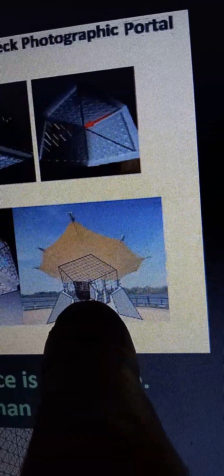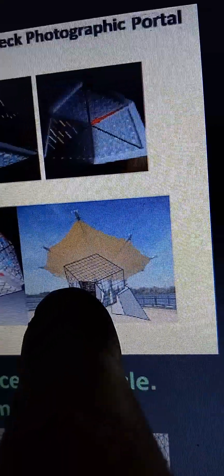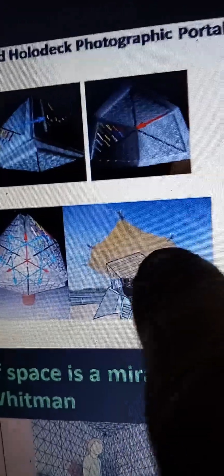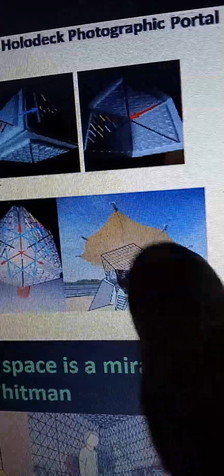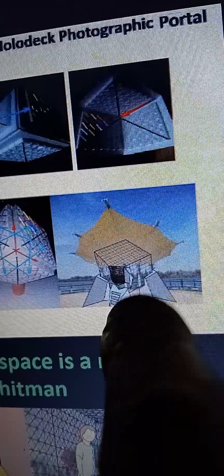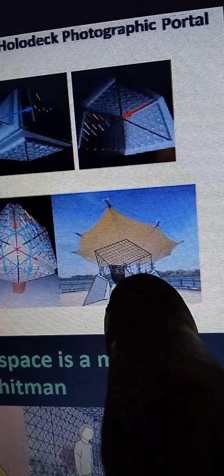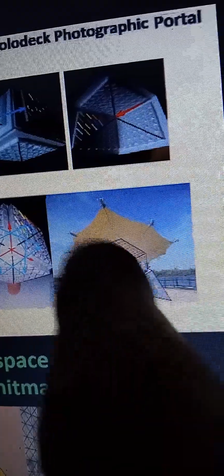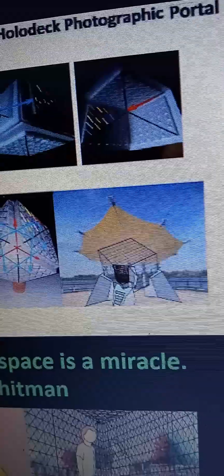But this image here was used for something else, to show a pseudo correspondence with another photographic portal somewhere else. But in its natural state, it would present a low-tech photographic cloak on the outside and an interior inverse holodeck of the outside environment that it's in.